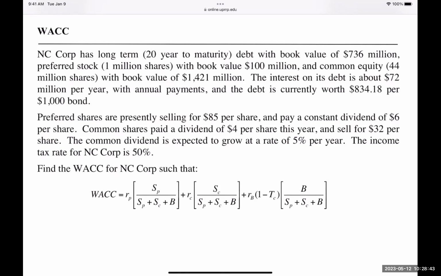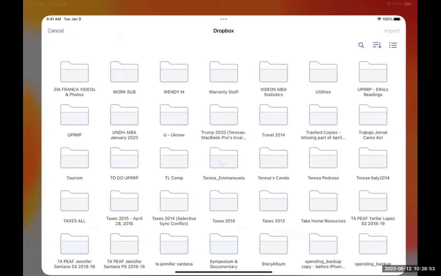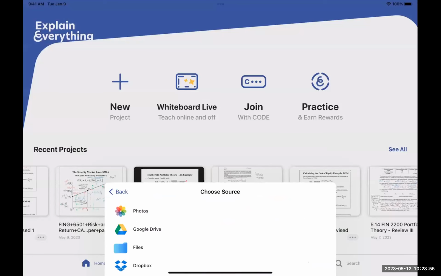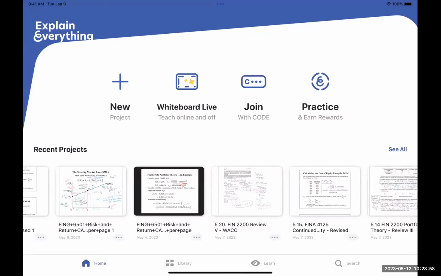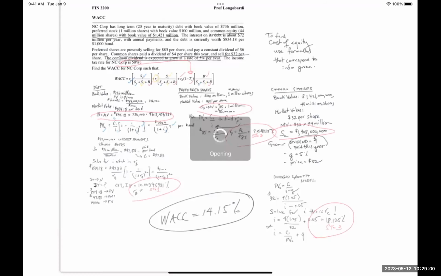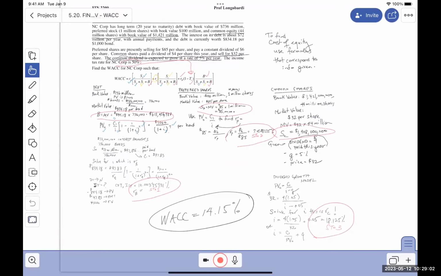Go for it. So put that information on a sheet of paper. I did it here.